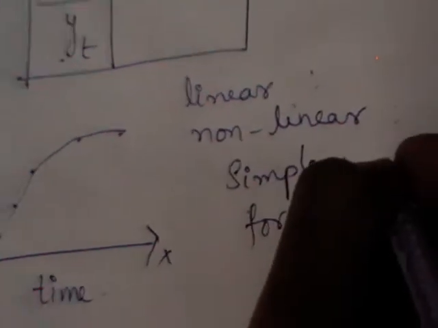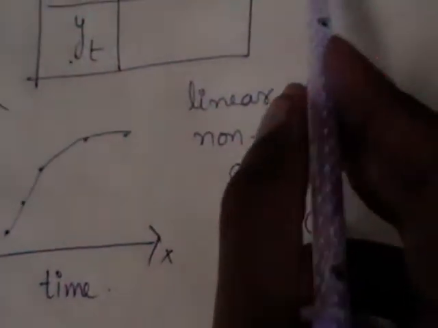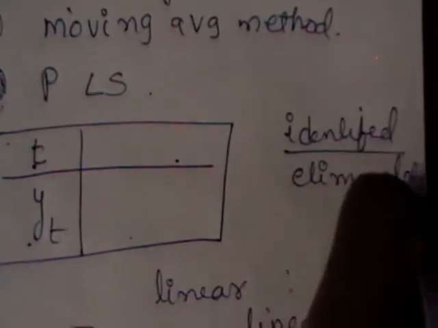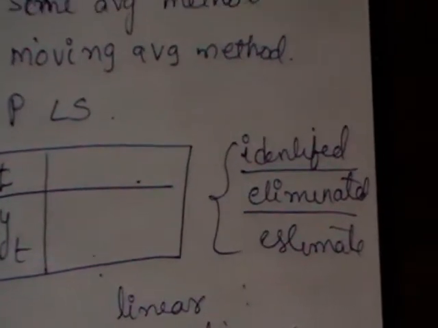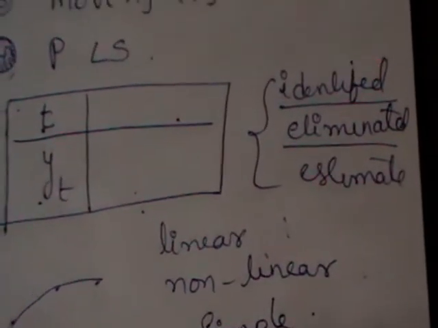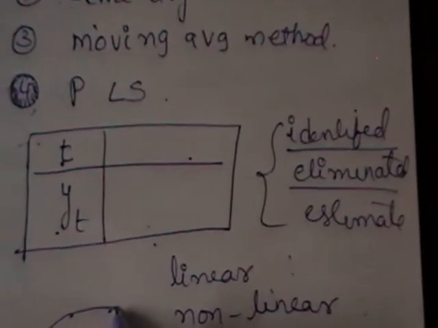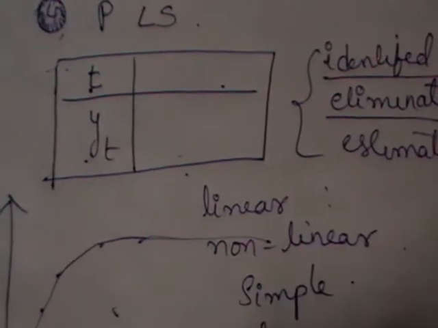What are the two terms we are using? The trend should be identified, and it should be eliminated or estimated. So here these are not satisfied. We are just identifying the nature of the trend, and we cannot eliminate the trend, and also we cannot estimate the trend in future years or future time.